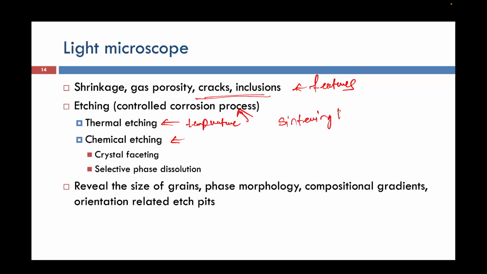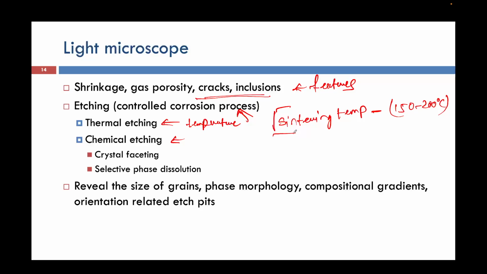You take a temperature 150 to 200 degrees Celsius less than the sintering temperature of the ceramic. You heat the sample to that temperature, and then take it out. Then you will see the grain structure and all these cracks and inclusions, okay. That is known as thermal etching.